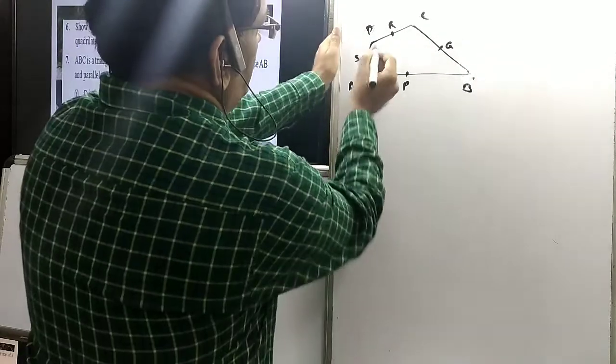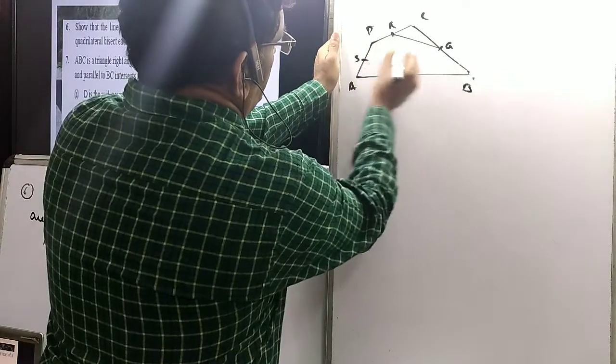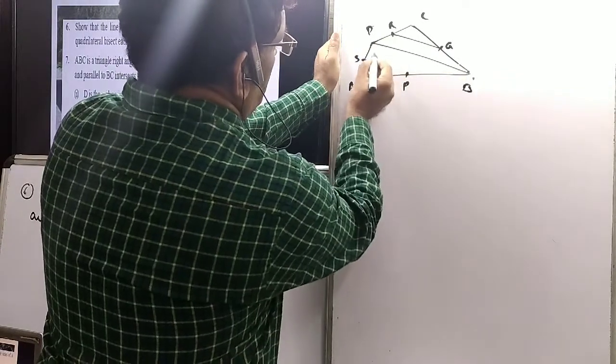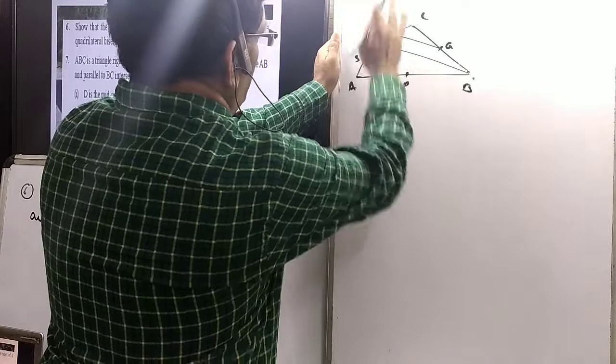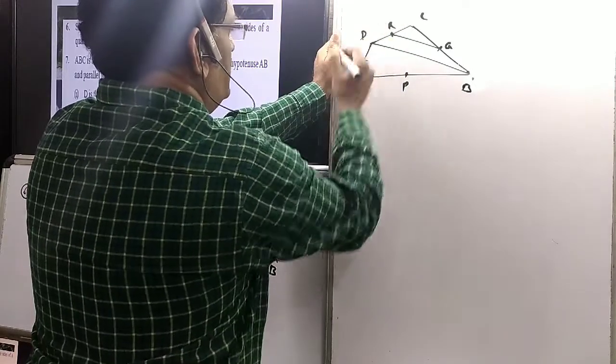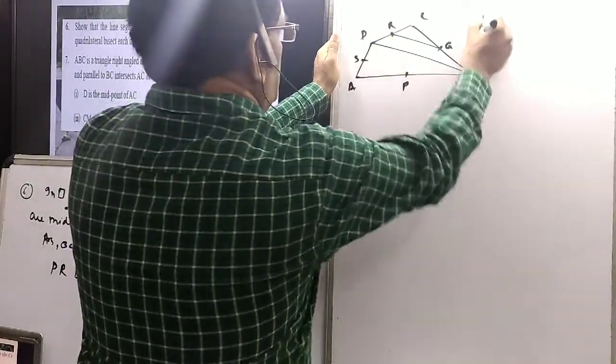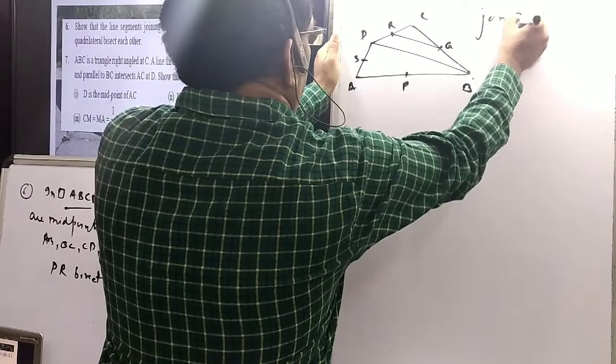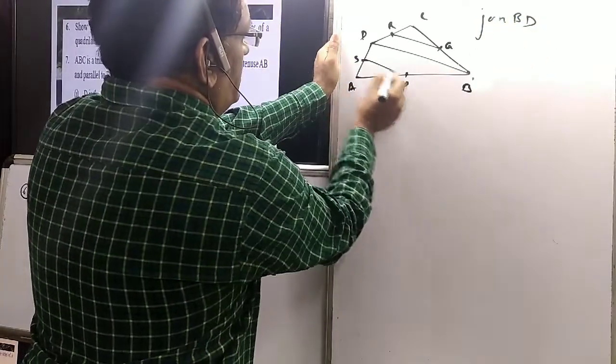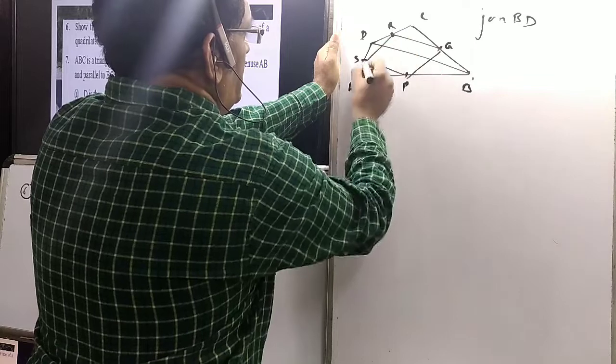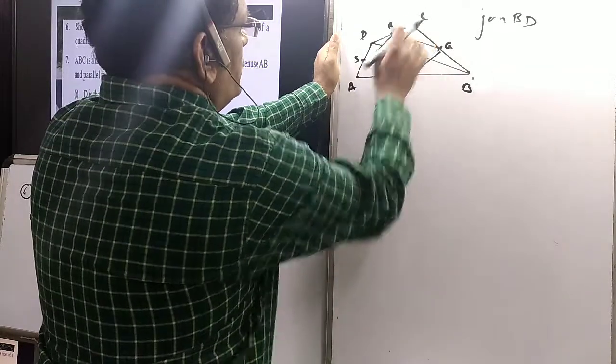Now to prove this, we join any one of the diagonals of this quadrilateral ABCD. Let us say join BD. If we join BD, then we get these two triangles.